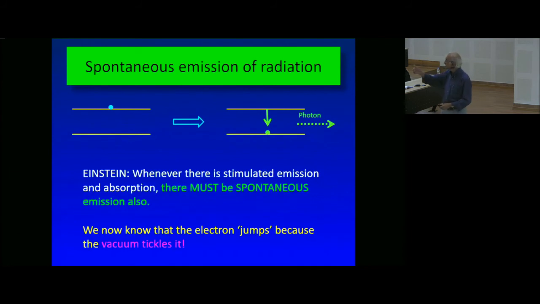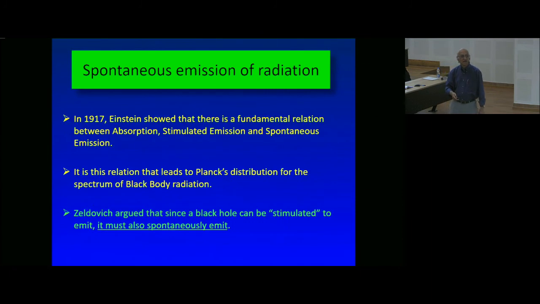And it is this interplay between stimulated emission, spontaneous emission, and spontaneous absorption that results in the spectrum of black body radiation being Planck's law. So Einstein gave the first derivation of Planck's law, for which he had to introduce spontaneous emission. So whenever there is stimulated emission, there must be spontaneous emission. Okay, so that was Zeldovich's point.